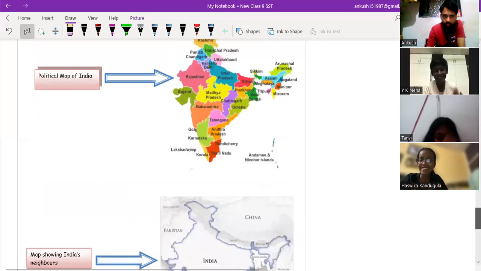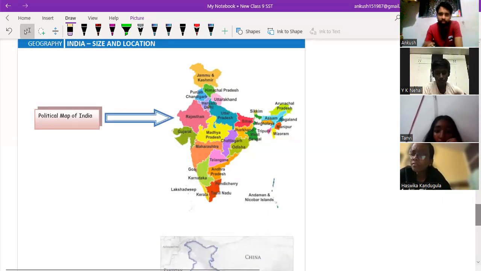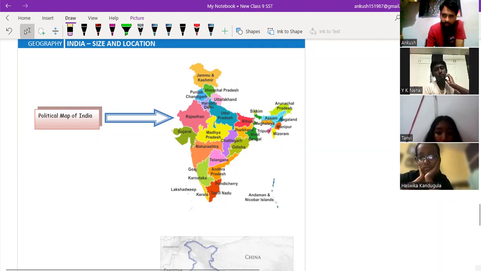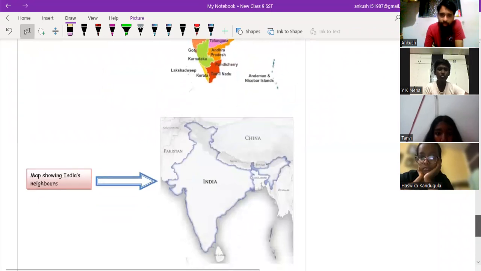This is India, the map of India. It is a political map. We always refer to the political map of India to see the boundaries and the territories of your country. But it is not the updated map, as Jammu and Kashmir is not divided into two, and Leh and Ladakh is also not separated from it, right?